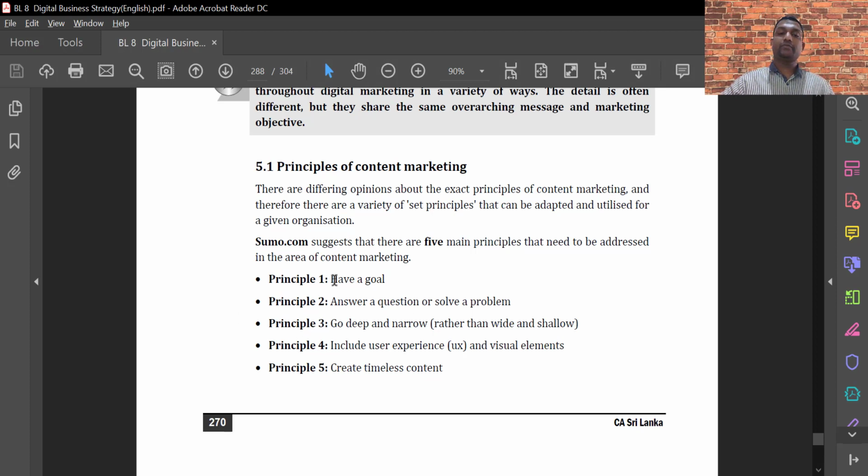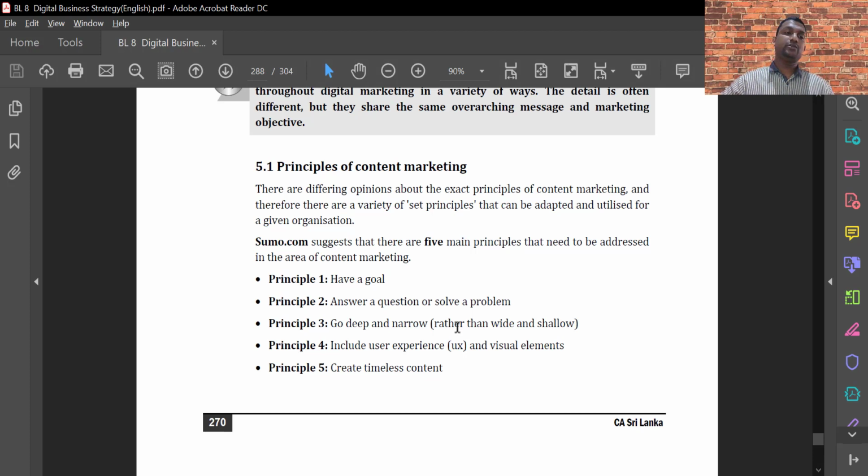And if we have a look at the other ones, first thing is to have a goal. The first principle is answer a question or solve a problem. The second principle is go deep and narrow rather than wide and shallow.